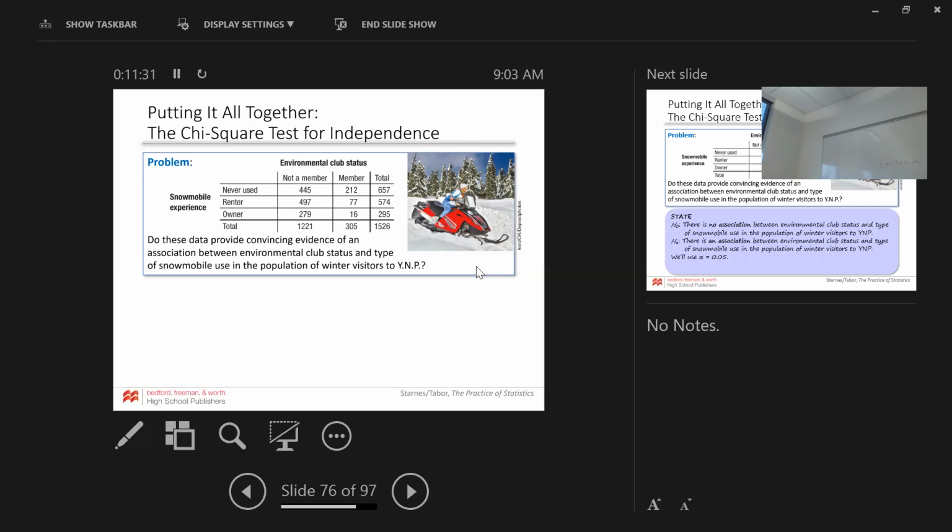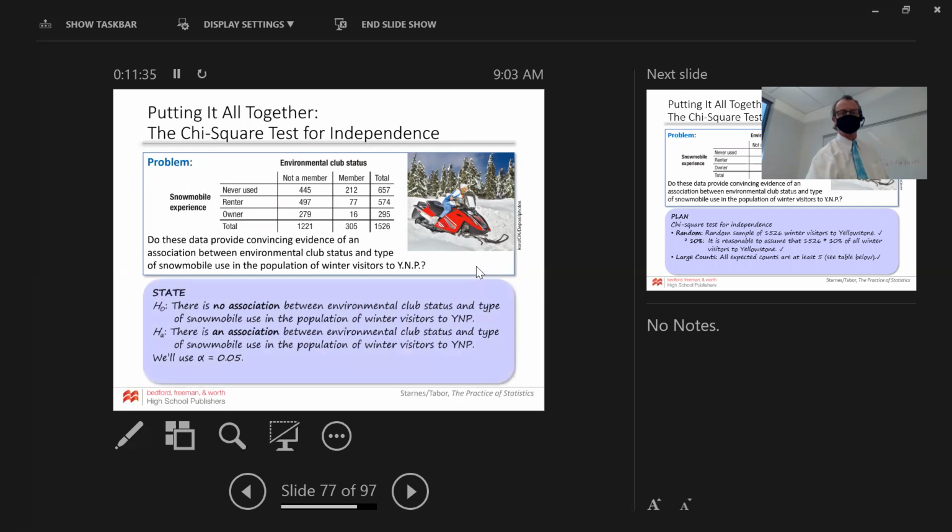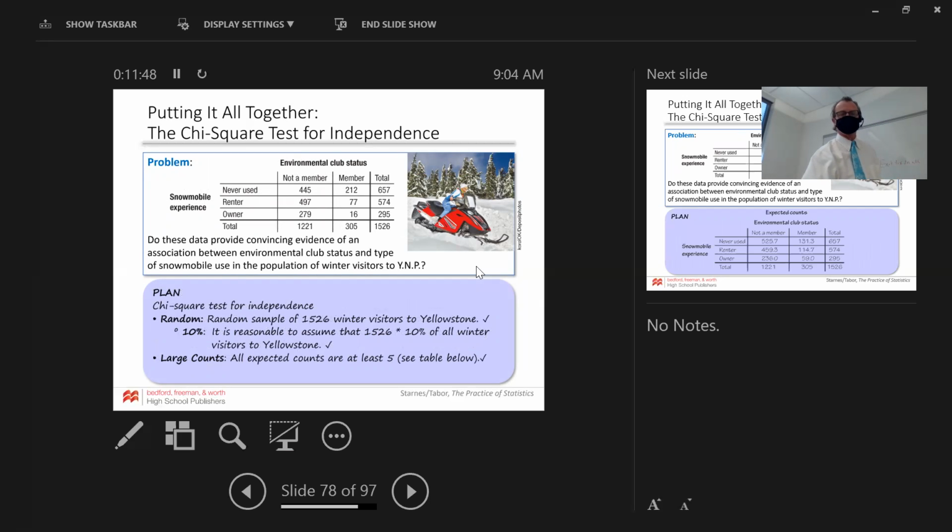Row comes first. The null, there's no association. The alternate, there is one. Alpha level 5%, which is the default. What are you going to do? You're going to write chi-square test. Just leave it like that.